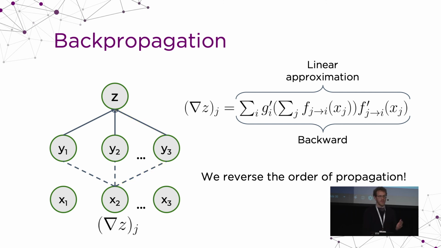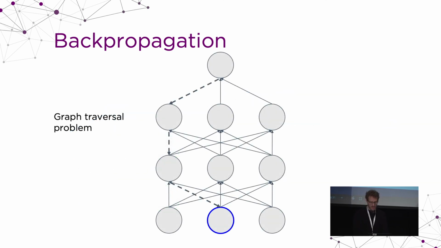And is there a way to do it more efficiently? So let's see. I will not use the equation here. I will just add one layer to this graph. And so to compute the gradient of the output with respect to one input, it's a graph traversal problem.